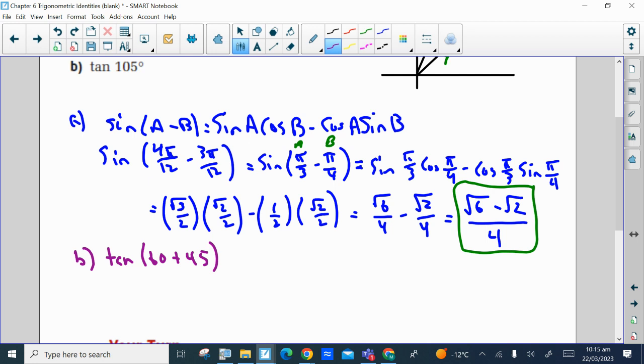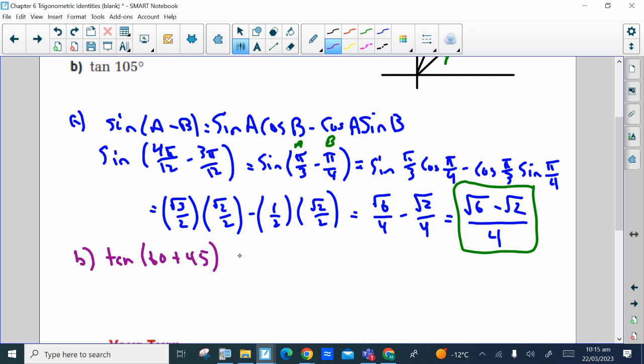You just have to find one set of angles that would work. I think 120 minus 45 would also work. No, that's not true. 120 minus 45 doesn't work. There might be only one set of angles that'll work for this one, but in some cases, there are more than one set.